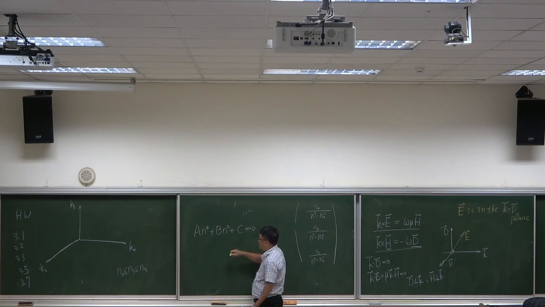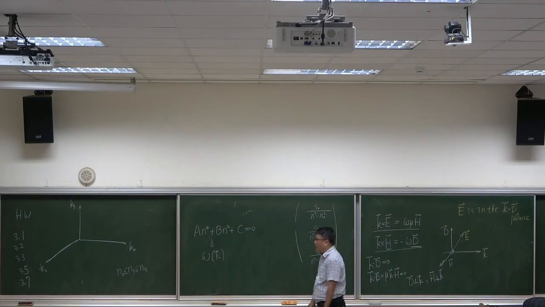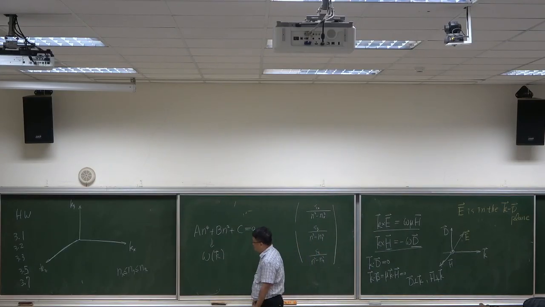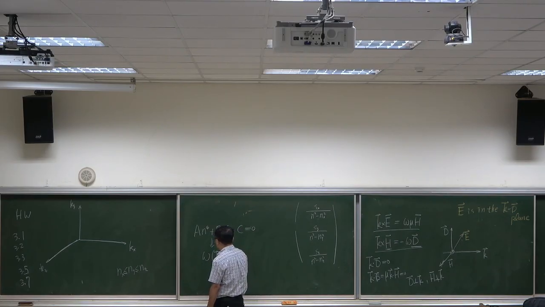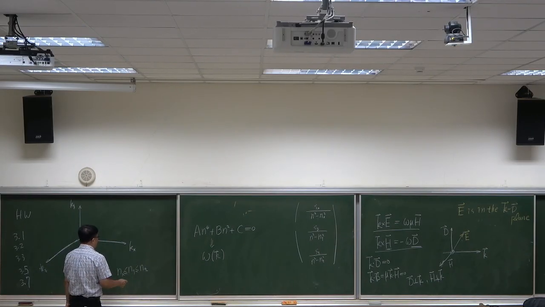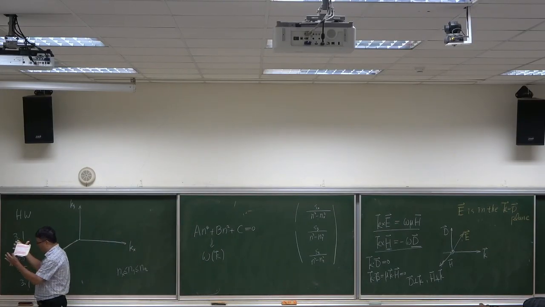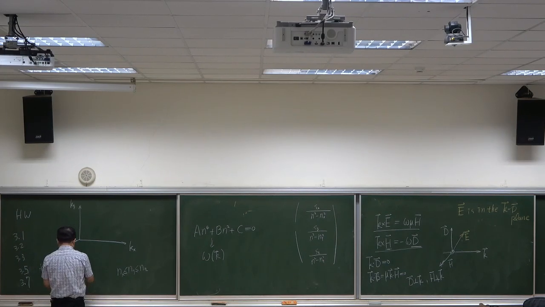This relation can be rewritten as the relation of omega of k. Then for a given omega, given frequency, if you plot all the possible k vectors, then it forms a double shell structure.